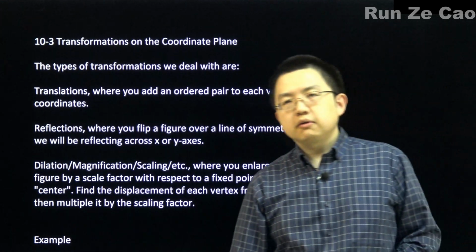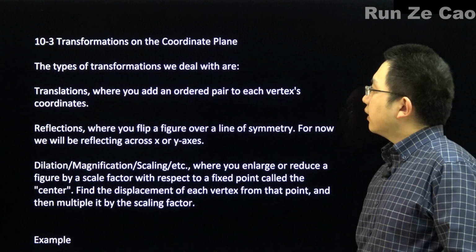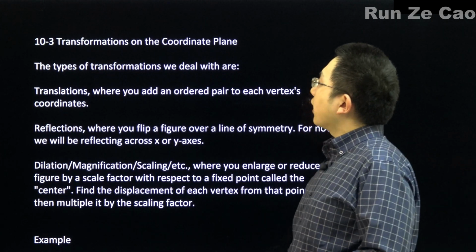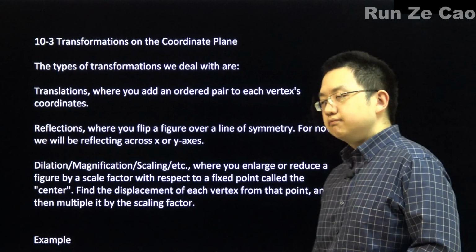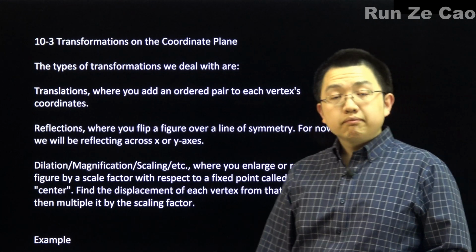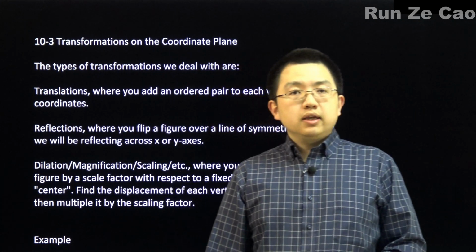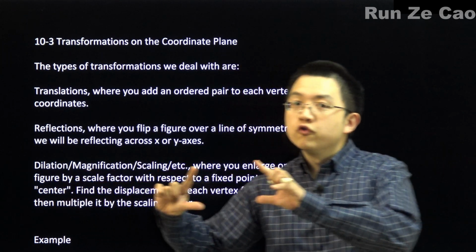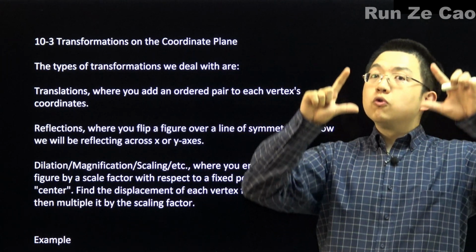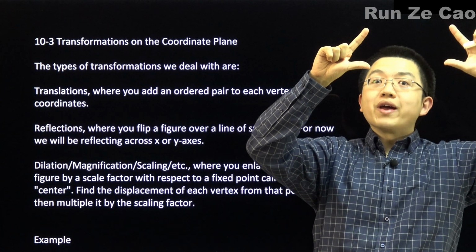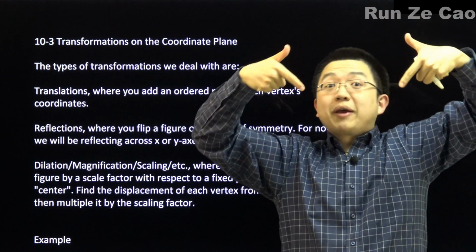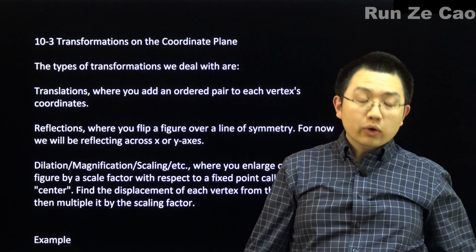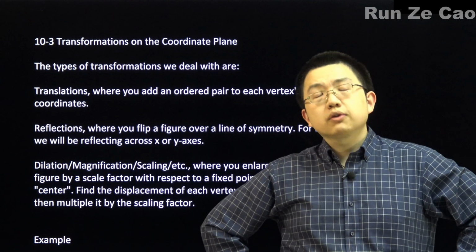When we move shapes around, for this level, we're moving them around on a coordinate plane. So a grid. We deal with translations, which are just move the shape, without turning or flipping it. Okay. What else do we deal with?